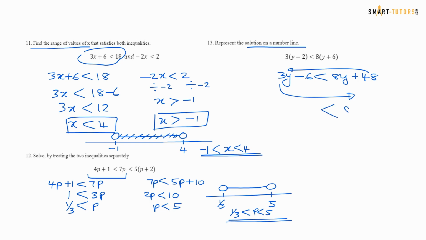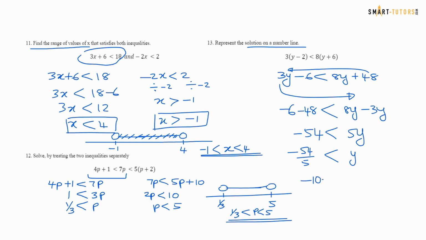So minus 48 minus 6 is minus 54, if I'm not mistaken. Yes, less than 5y. So I'm dividing by 5, so this becomes y greater than minus 54 divided by 5, which I know is minus 10.8.